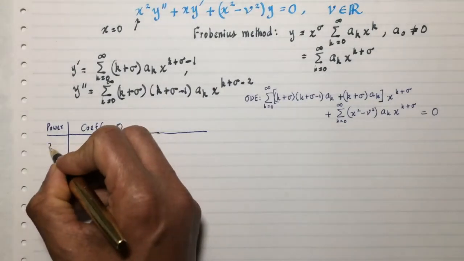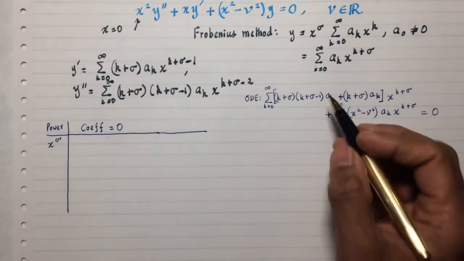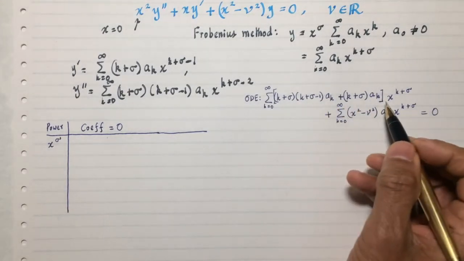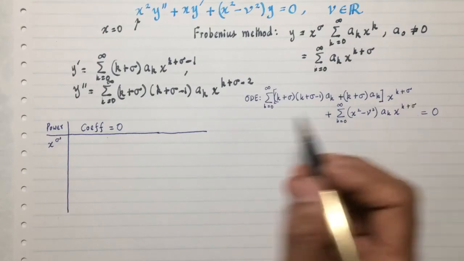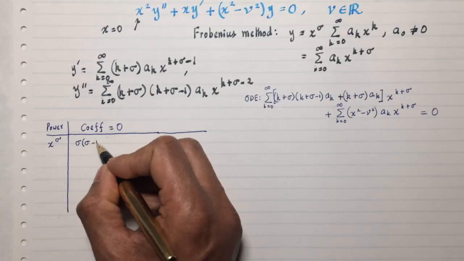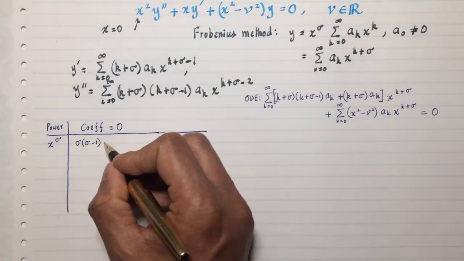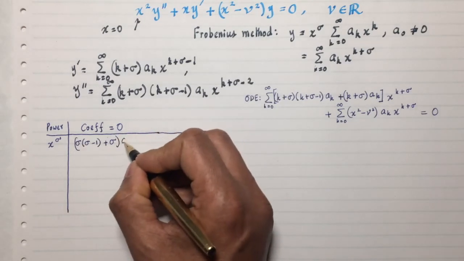So let's first take the power x to the sigma. x to the sigma is got in the first term by setting k equal to 0. So I'm going to get sigma times sigma minus 1 plus sigma, times a_k.